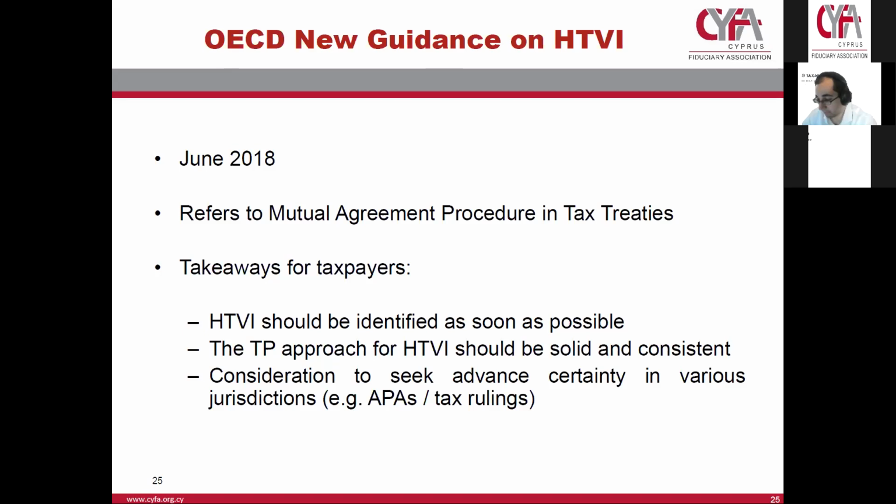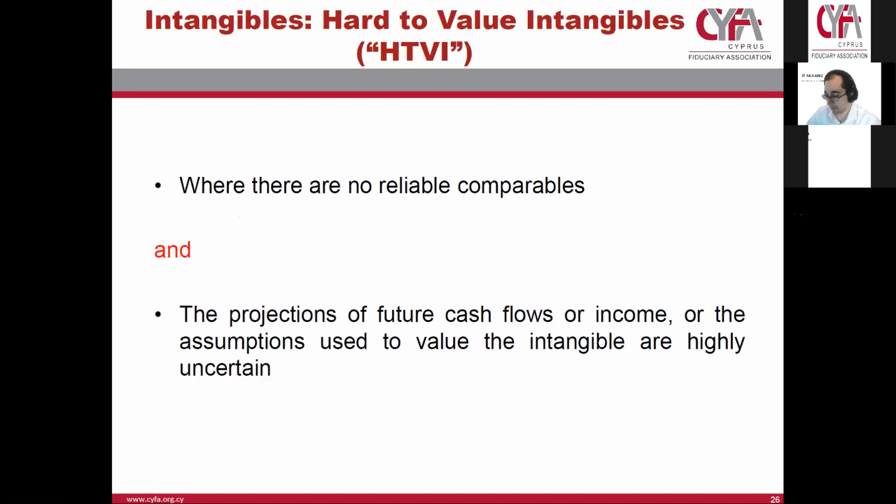And taxpayers may also consider seeking APAs and tax rulings in various jurisdictions in order to secure that advance certainty in regards to the tax treatment of those intangibles, and to avoid situations of double taxation, which of course arise easily in this context.